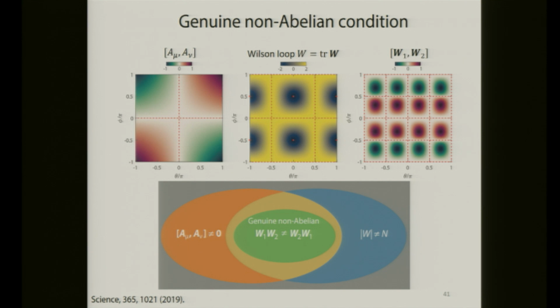the dashed lines indicate the Abelian configurations, and you find that this last term gives you the maximum Abelian version, meaning that this is the most rigorous definition.